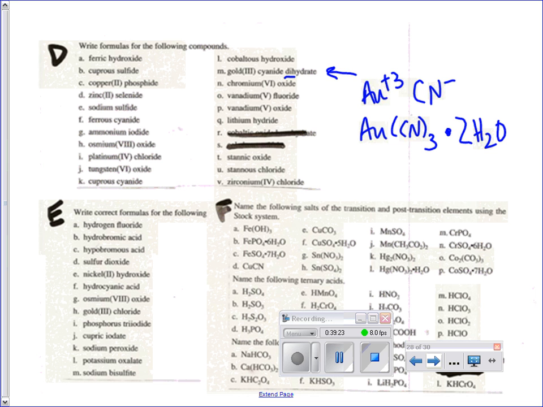Good, Ni(OH)2. See, you're back. Alex, S. Good. Haley, not an acid. G. Good. Yep, OsO4, perfect. Zach, the next one.